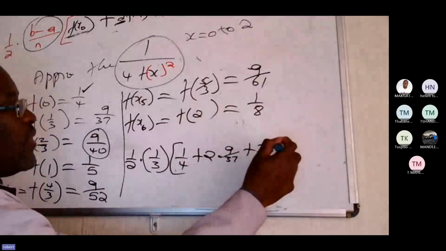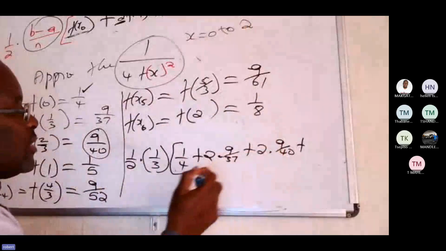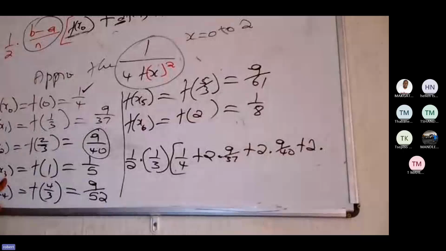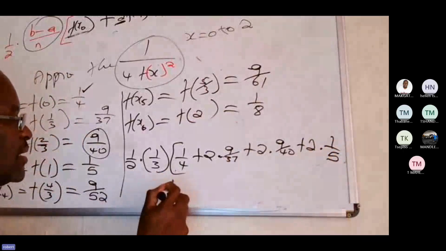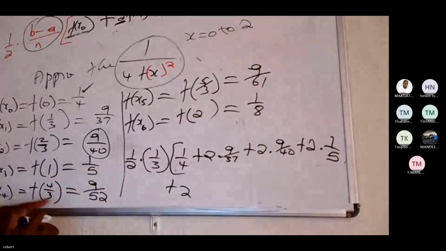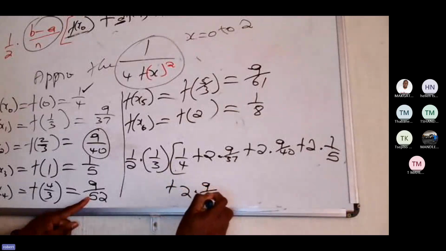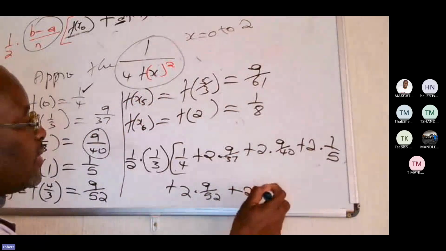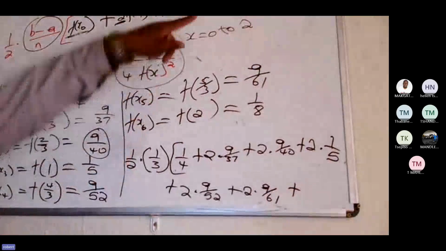It will now be 9 over 40 plus 2 by f of x3. What is f of x3? 1 over 5 plus 2 by 9 over 52 plus 2 by 9 over 61. And what is the last one? The last one, there is no 2.